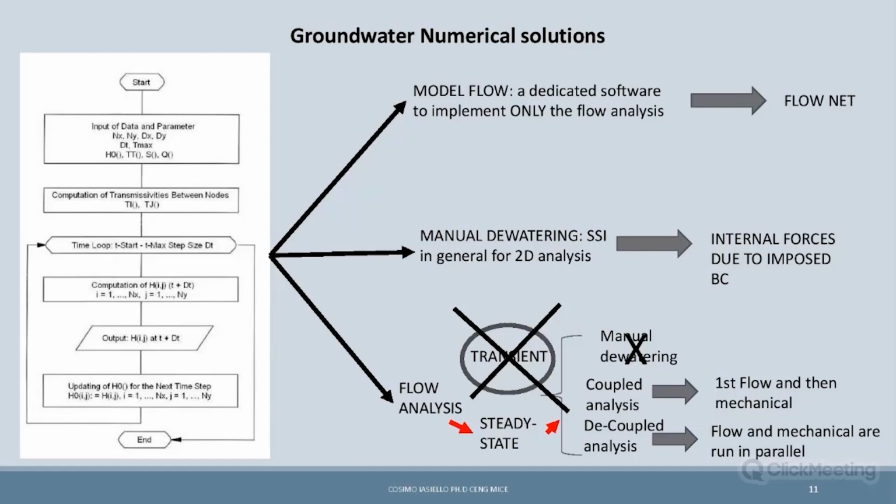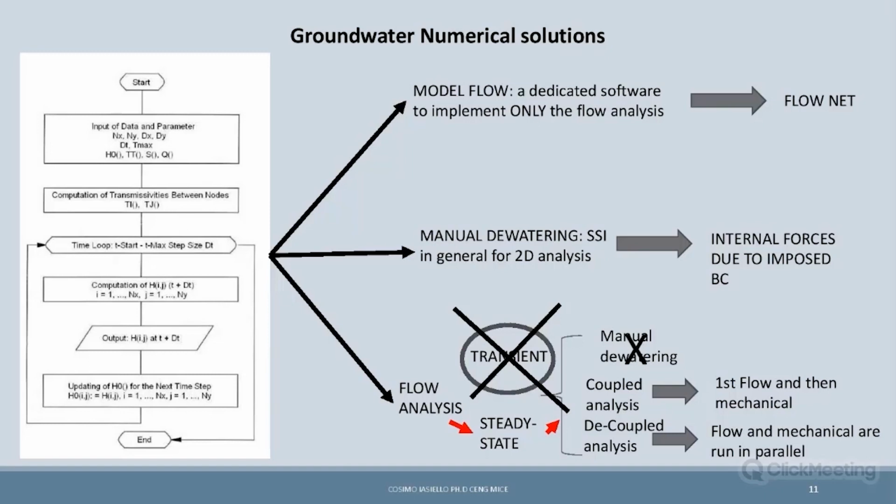Okay. And then within the coupled analysis, we have the coupled, where the first calculation is the flow, and the results of the flow analysis are in terms of deformations, in terms of strains and tensions, and these strains and tensions are mechanically implemented in the stiffness matrix of the mechanical model.